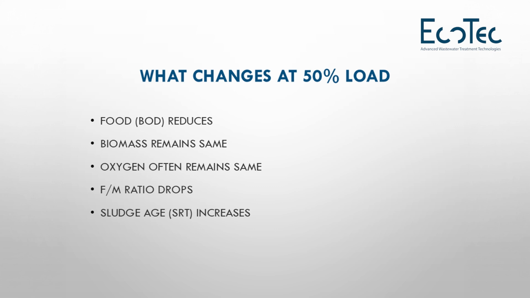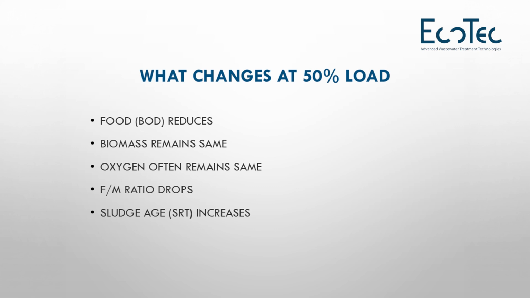When load reduces, food reduces, but the biomass remains the same, which means MLSS is kept at design values. In ASP and extended aeration process, MLSS remains high. In MBBR, media biomass remains attached. Oxygen supplied remains unchanged.